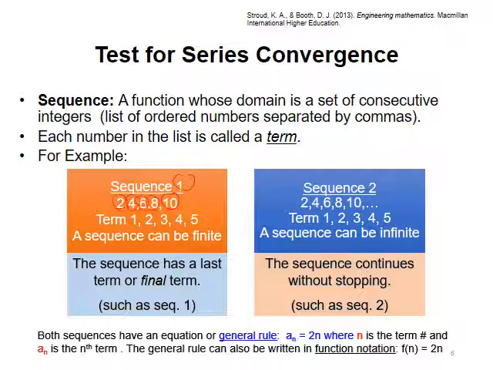But here it is the same, but the difference is we have dots. When we say dots, it means go to infinity. For that, this one is finite and this one is an infinite series. It could have a general rule. As an example, here we have a general rule which is 2n. a_n is the item and 2n is its value. n is its location, its position.